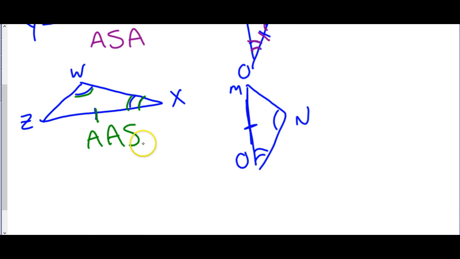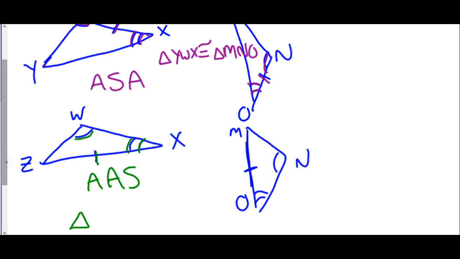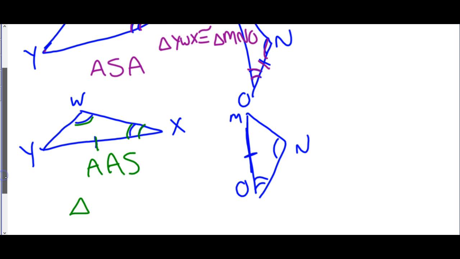Now on the second one, where I did angle, angle, side, that's still not going to change the order that you would name your triangle, as long as I had them labeled exactly the same. This should be a Y so that it matches up. YWX still goes from no angle mark to 1 to 2.